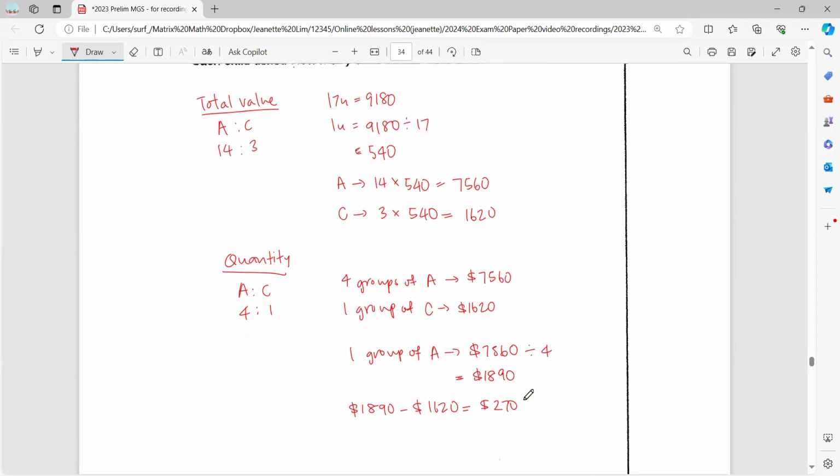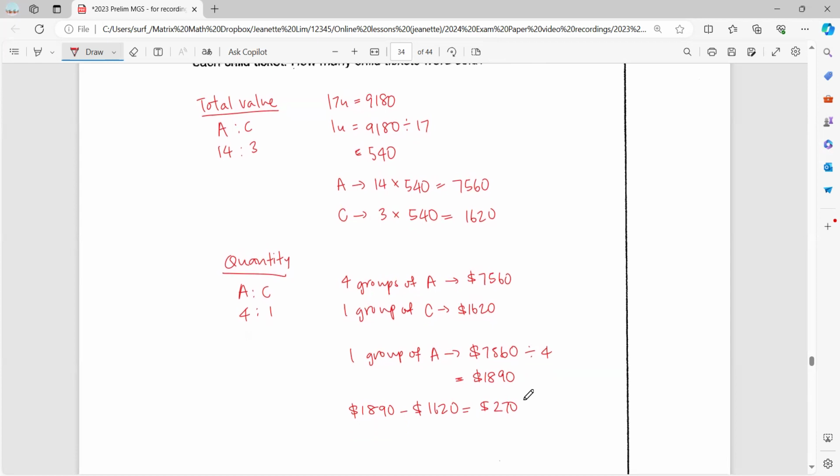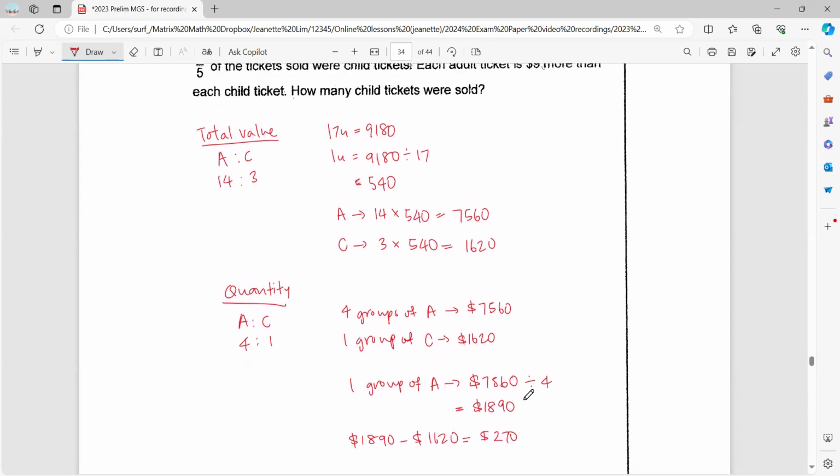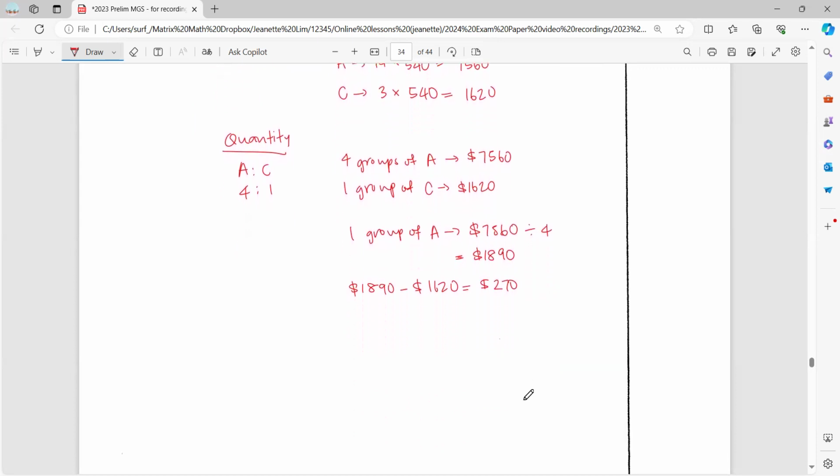Now, $270, we're comparing 1 group of adults. So maybe this is 1 group of adults. Compare it against 1 group of children. The difference here is 270.